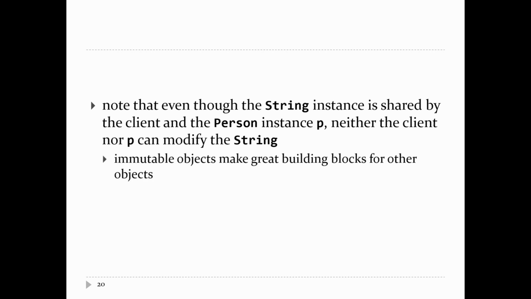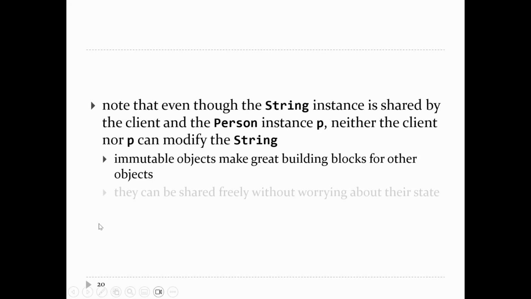And so if you can, it's often a good idea to use immutable objects to create your classes. They make good building blocks for other objects. If you use a string, for example, as part of your state, you never have to worry that that string is going to change on you from outside the class.